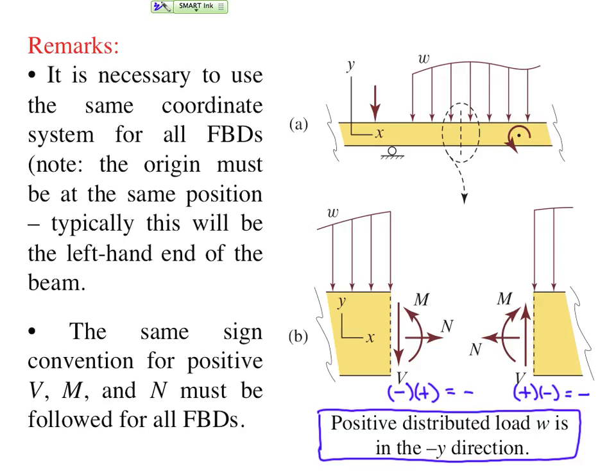If we were writing equilibrium equations for the right figure in B, the axial force would appear as minus N in the x component force equation. The fact that both forces are considered positive is irrelevant. We are writing the equations in the fixed coordinate system, and it is their direction in that system that determines their signs in the equilibrium equations.